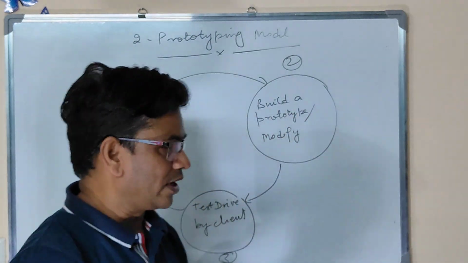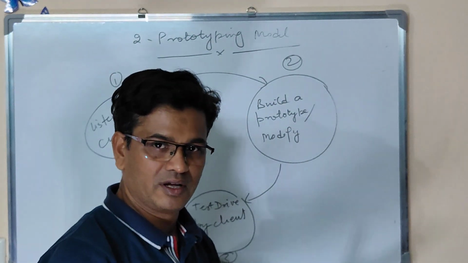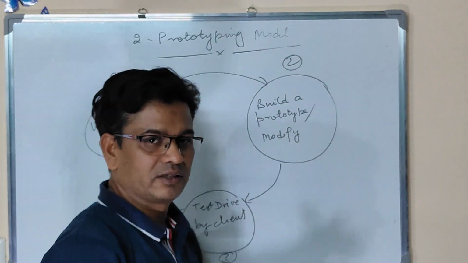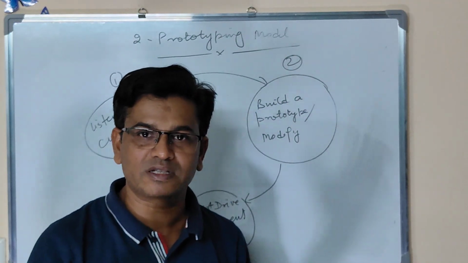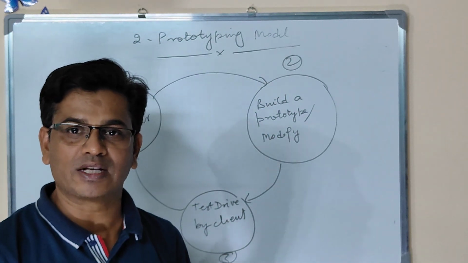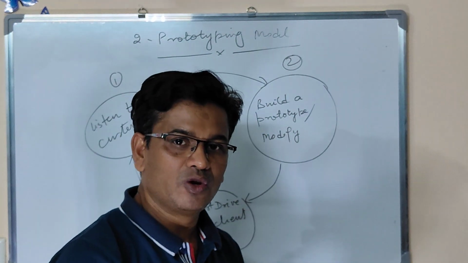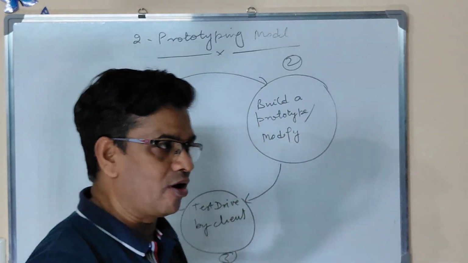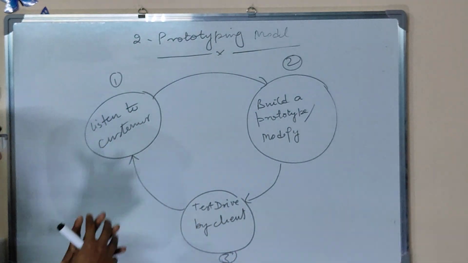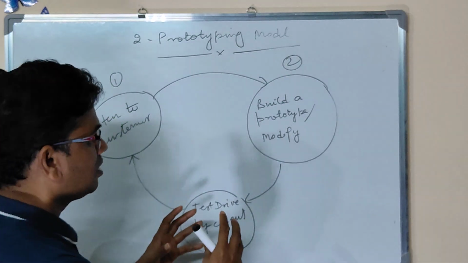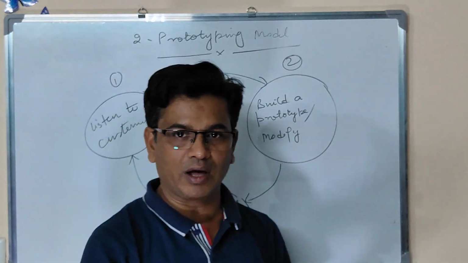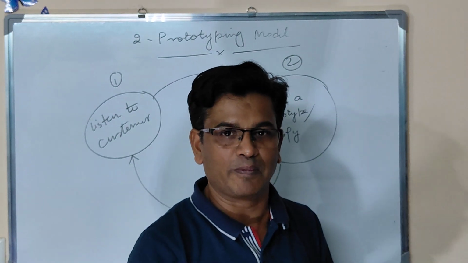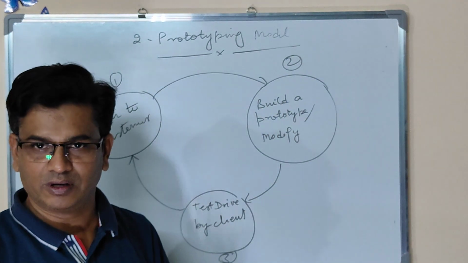According to me, the waterfall model is best suited here, because the main limitation of the waterfall model was how to finalize the customer's requirements, and that activity we have already done in the prototyping model. Based on those requirements, the development company can follow the waterfall model.